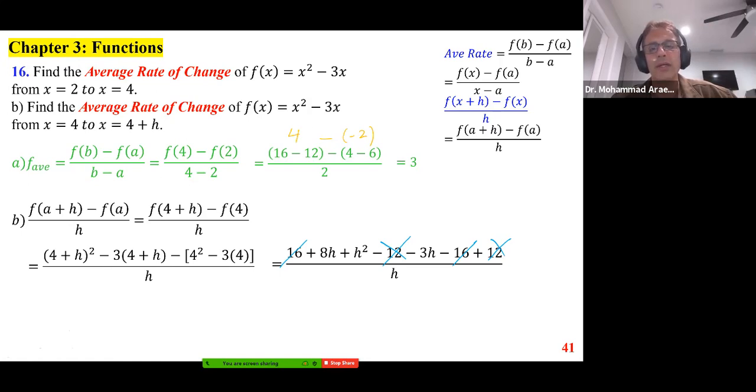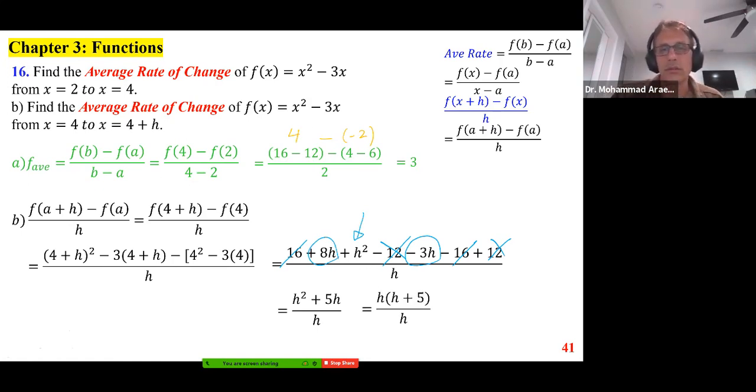We have h squared left, 8h with negative 3h, they add up to positive 5h. Factor out the h, drop the common factor of h, you have the final answer.